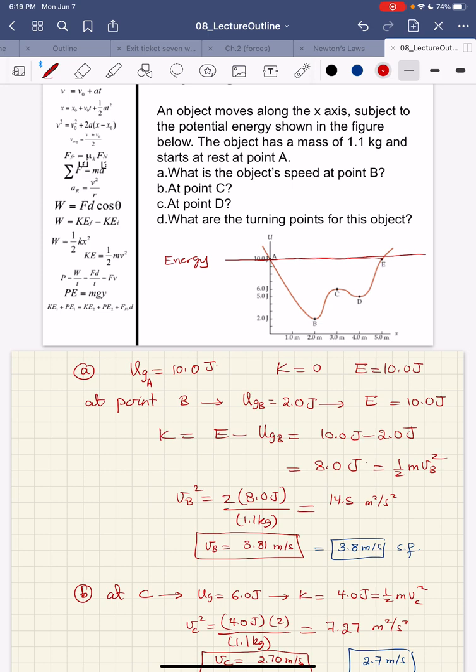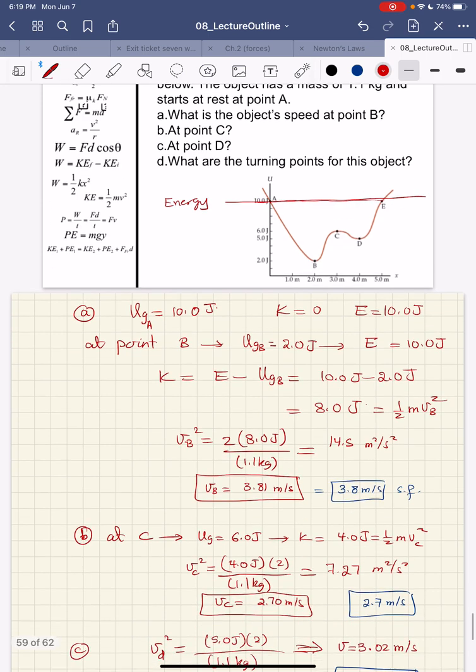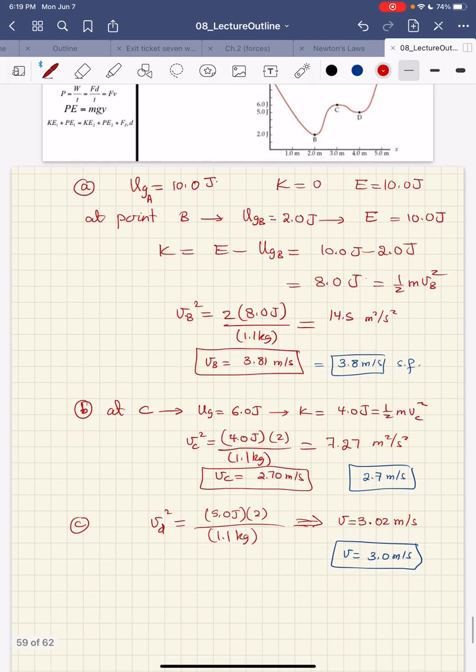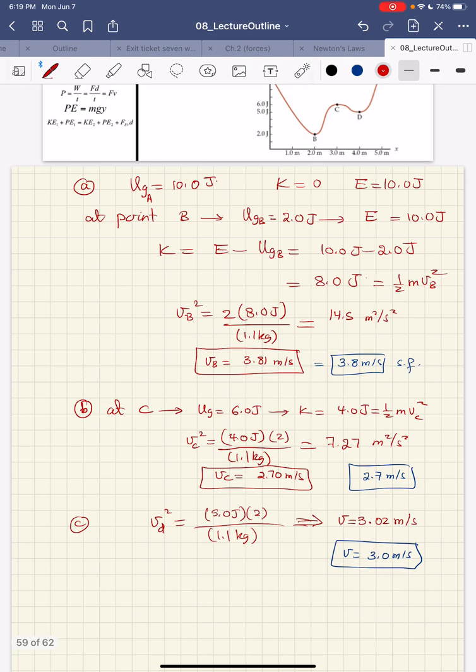At point B, from the diagram, U_GB is 2, and E is 10 again, then K is E minus U_GB, which is 10 minus 2, which is 8, and that equals 1/2 mv_B squared. From that, you can get your velocity as 3.8 meters per second after you consider the significant figures rules.